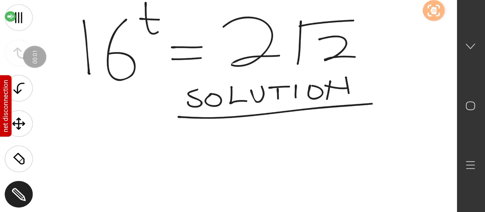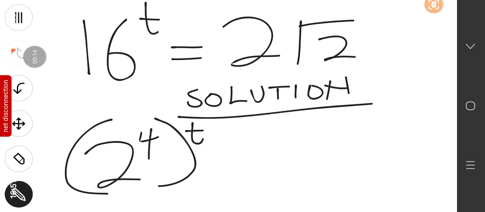So we have 16 exponent t equals 2 multiplying the square root of 2. Now we can write 16 as 2 exponent 4.